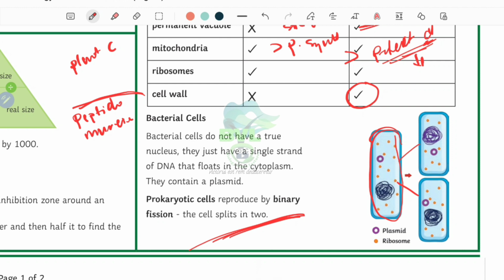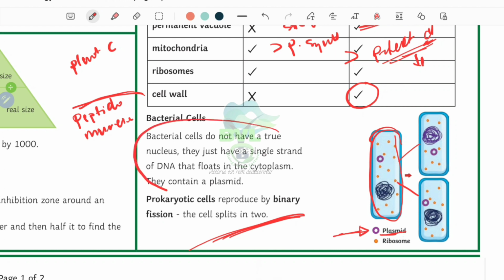It's basically asexual reproduction, whereby the bacterial cell splits into two. I did mention plasmid some time ago, that plasmid gives bacterial cell resistance against antibiotics.